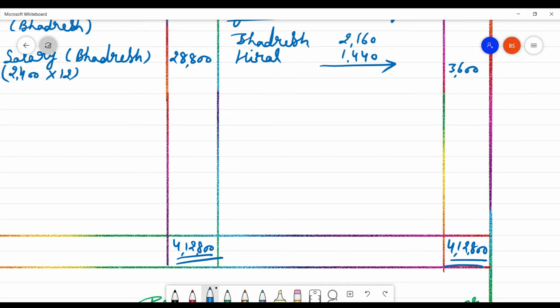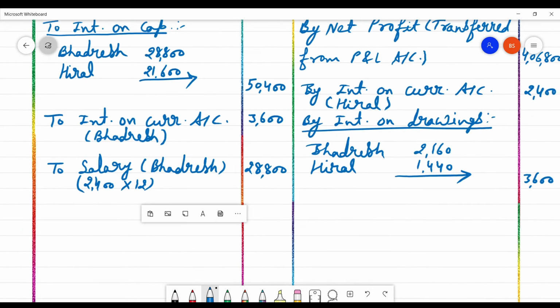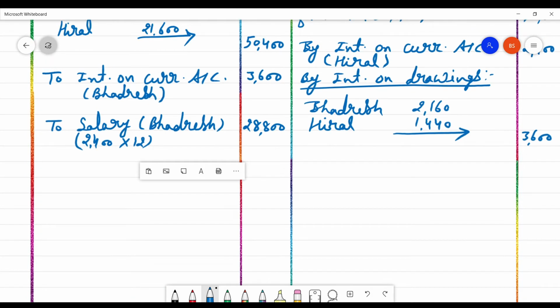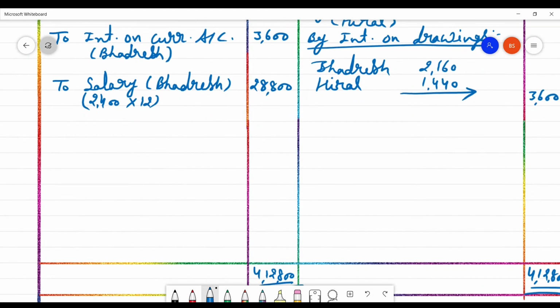We have to deduct all the debit balance from this amount, and we will get the divisible profit, as well as in this amount we will get commission, and the final divisible profit will be transferred to the current account.